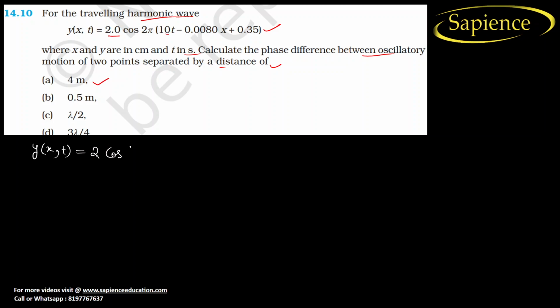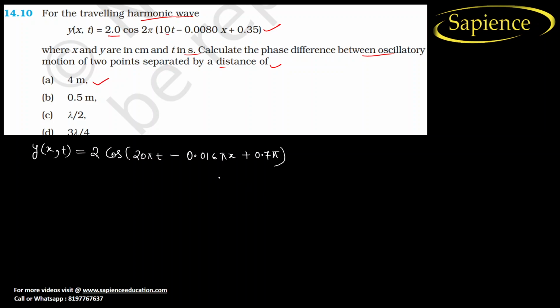If you multiply inside, cos 2π multiplied by 10t, so this will be 20π into t minus 0.016 x plus 0.7. So this will be π, because there will be a multiplication of the π. So this is 0.016π x plus 0.7π. So this is the exact equation.